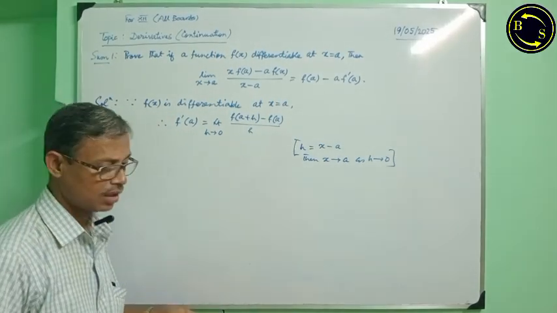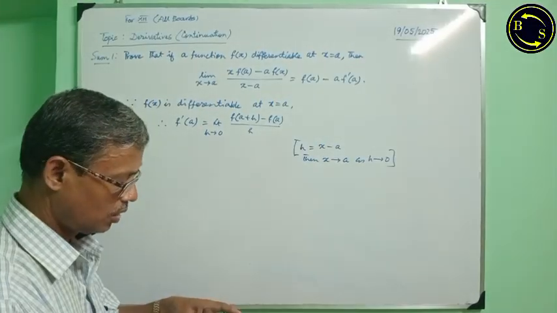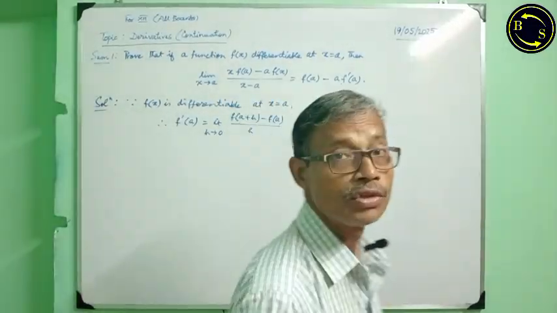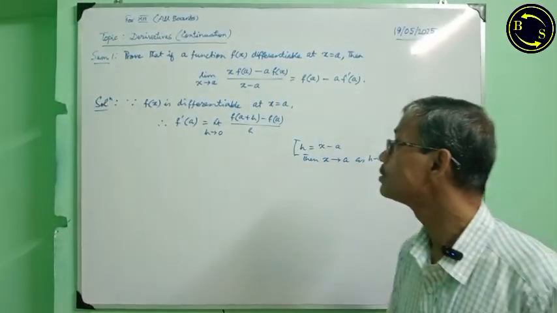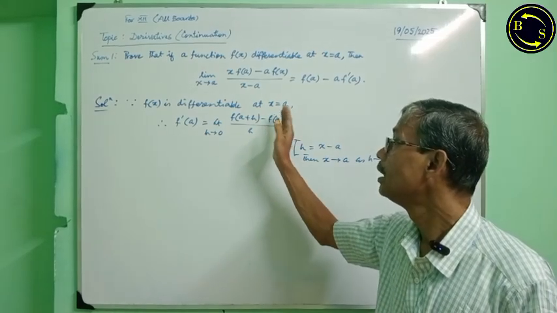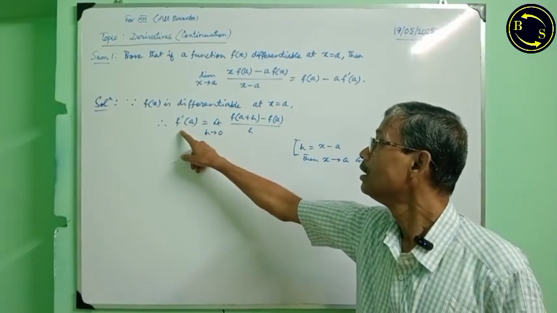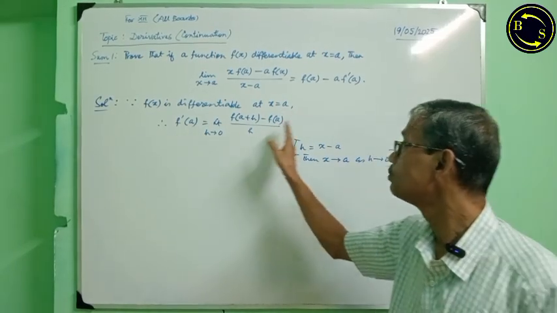This is the condition of existence of the derivative of the function fx at x equal to a, then in that case f dash a will be this one.